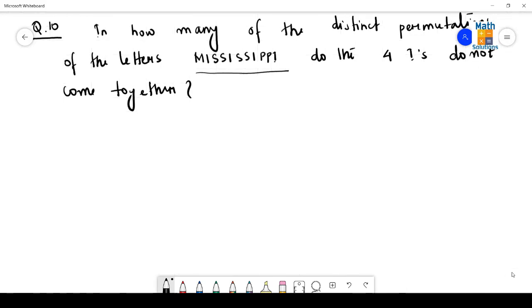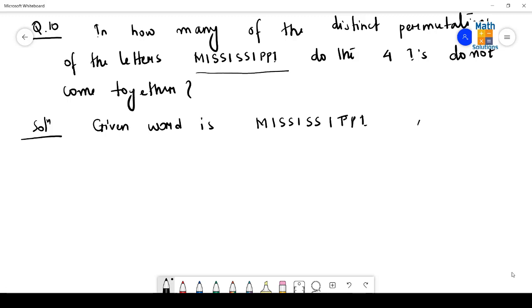So here I am starting with the solution part. Given word is Mississippi. Here in this word several letters are repeated actually.